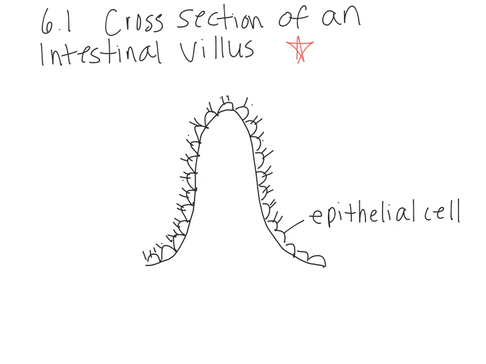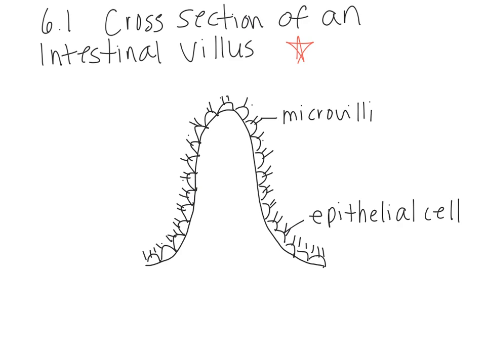These hair-like projections are going to help increase the surface area even further, and these are called microvilli. These are really important to know because if you're asked about some of the structures of the villus that help with digestion, it's really important that you mention that the microvilli help to further increase surface area for absorption.